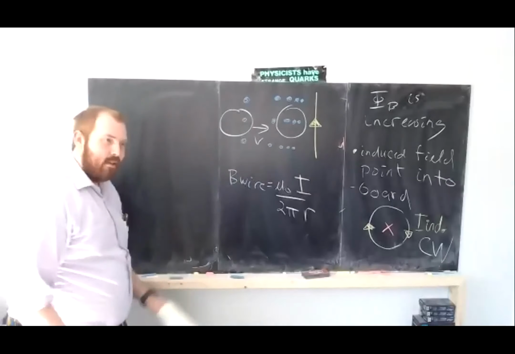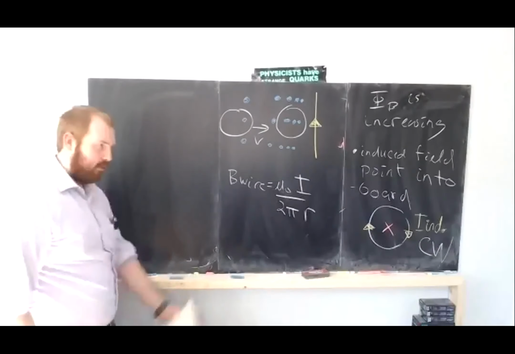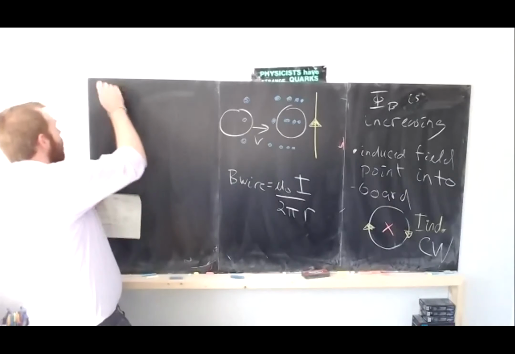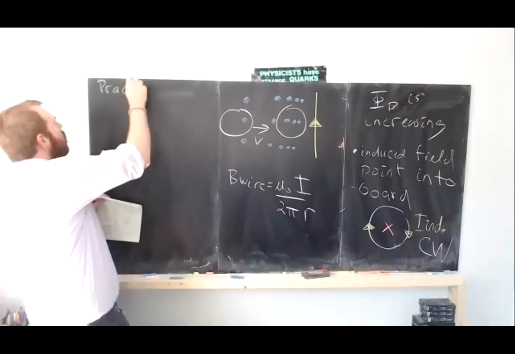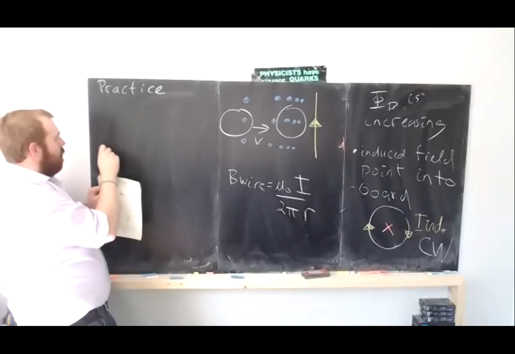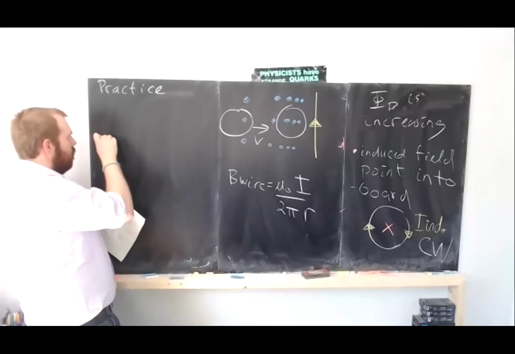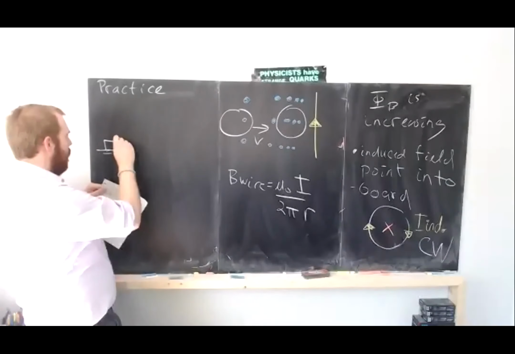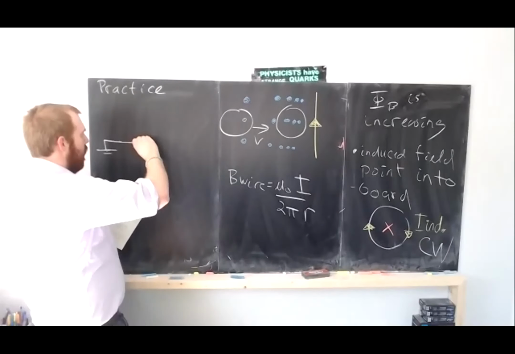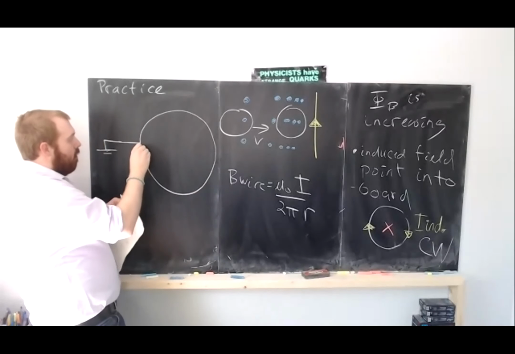All right, let's try one that's a bit trickier. This is still more practice. Here's the setup. I'm going to have a battery here, and that's going to go into a nice big loop of current.